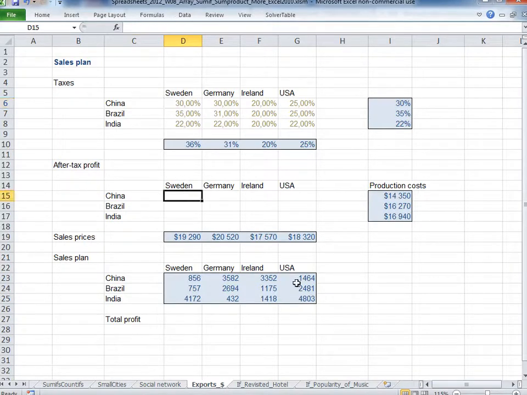Okay, let's write equals parenthesis. Now comes sales price D19 minus production cost I15. Parenthesis closed, we multiply it with, and now we want to know how much profit is left. So we write parenthesis 1 minus this 30% from up there. So 30% is taken away by the state, and now we are left with this 70%.